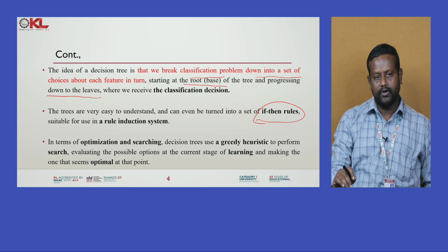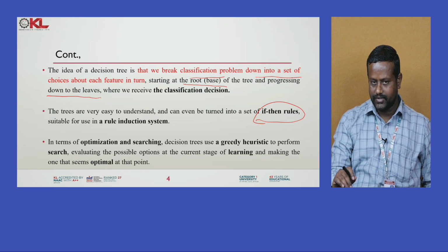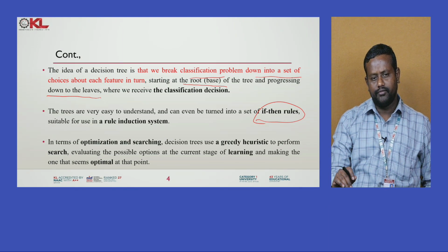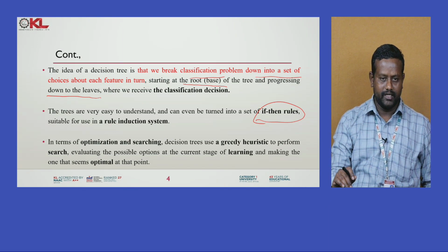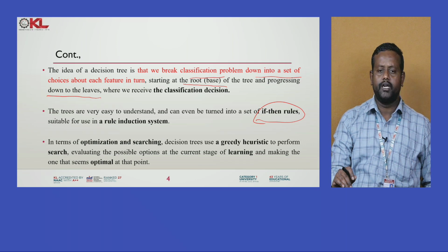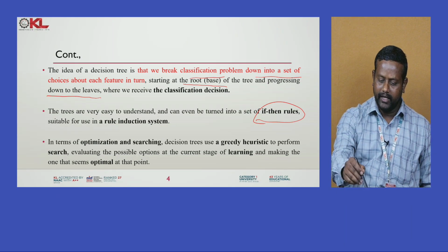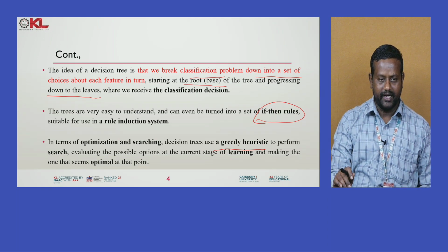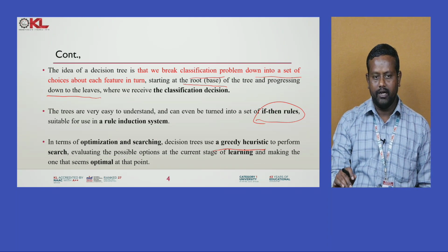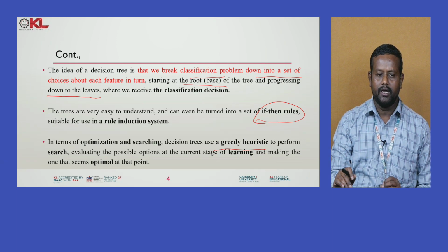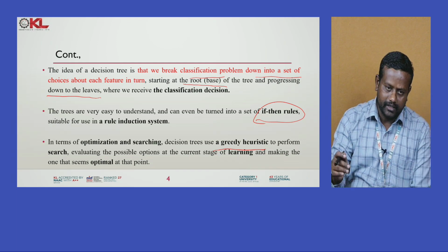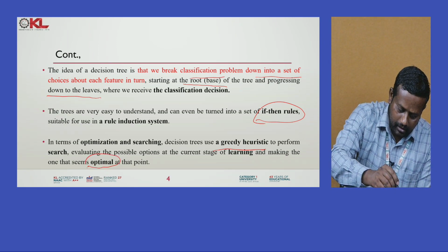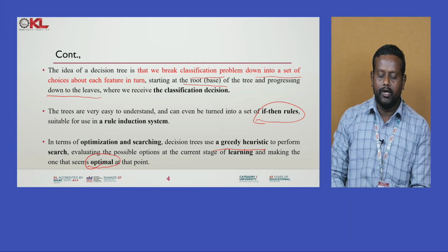It is suitable for use in rule induction systems. In terms of optimization and searching, the decision tree uses a greedy heuristic to perform the searching activities, evaluating the possible options at the current stage of learning and making the one that is optimal at that point.